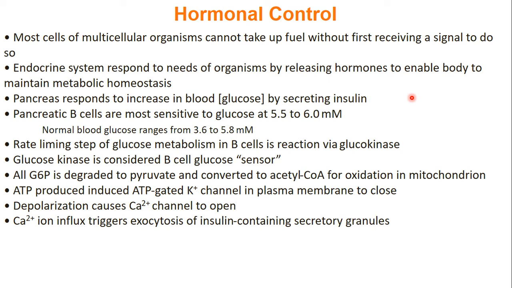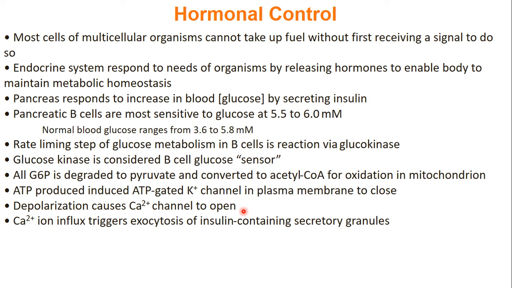When they go through glycolysis and oxidative phosphorylation, almost all of the ATP is used to close a potassium channel. So this potassium channel will close, and the charge of the membrane will change, and that will cause it to release calcium, just like a nerve impulse that we talked about in Biochem 1.